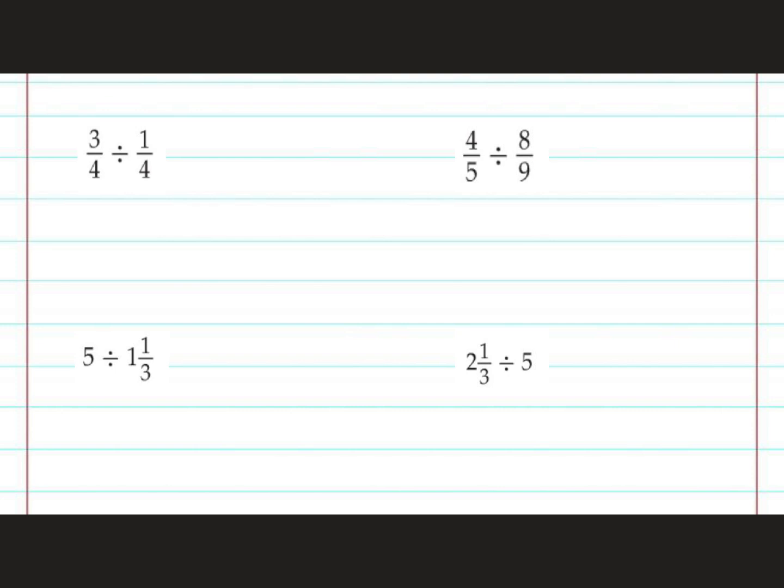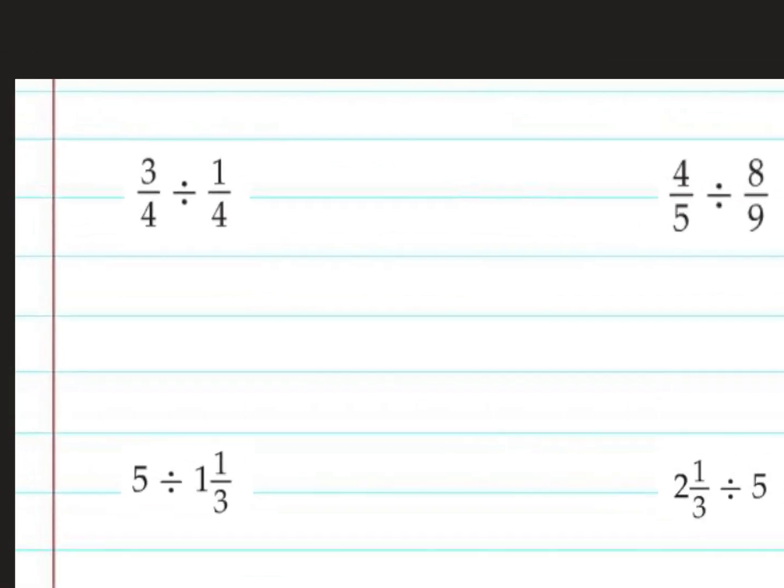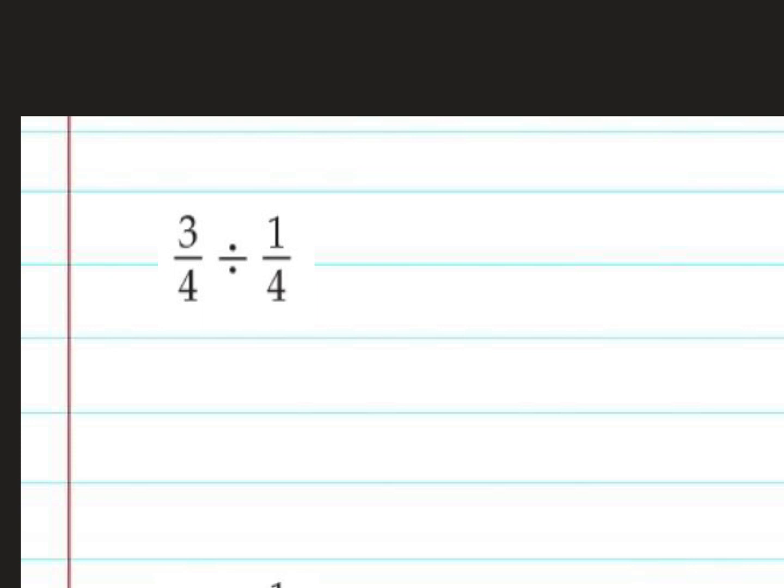So let's see what that means here. 3/4 divided by 1/4. So again, keep, change, flip. Think about each part of this problem. The first fraction, we're going to keep the same. Change: we're going to change the division into multiplication.